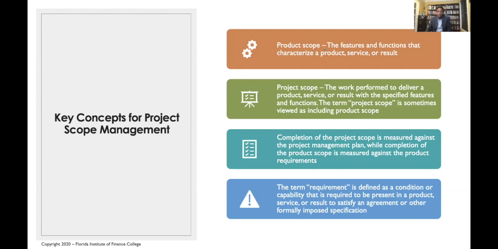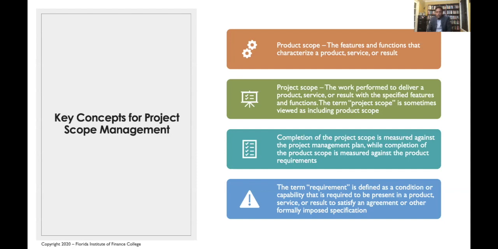Completion of a project scope is measured against what? It is the project management plan, while completion of the product scope is measured against the product requirements. So the reason why we brought this concept is that we need to make sure that we don't mix the 2 concepts together.